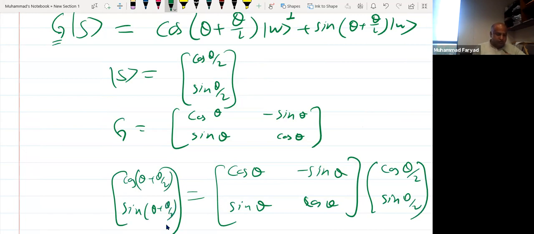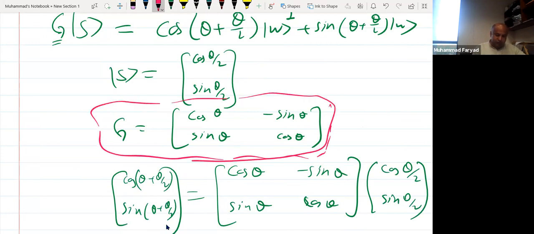So this operator G is a rotation operator. And since it preserves the norm of the vector that it is applied to, and we can also see that its transpose is its own inverse as well, this is actually a unitary operator.